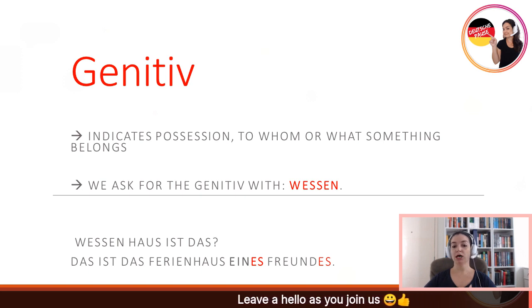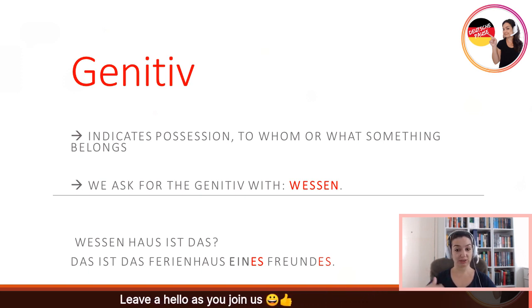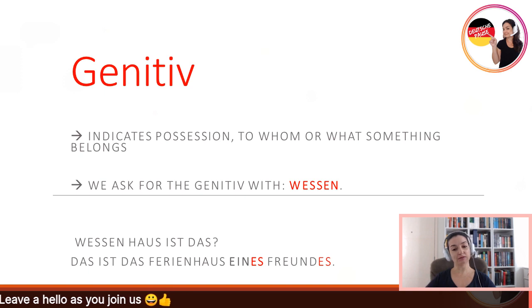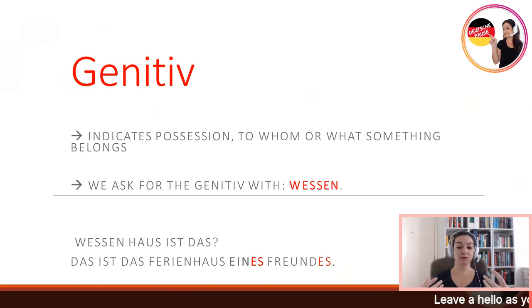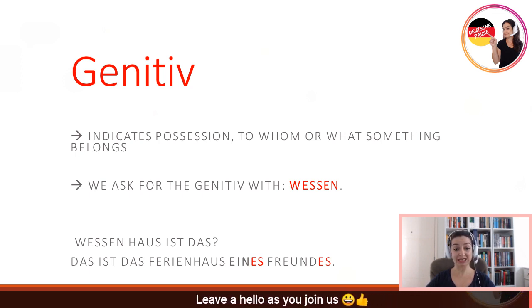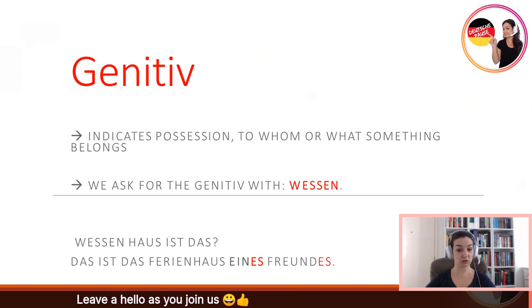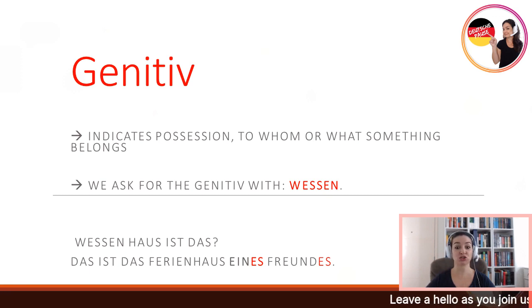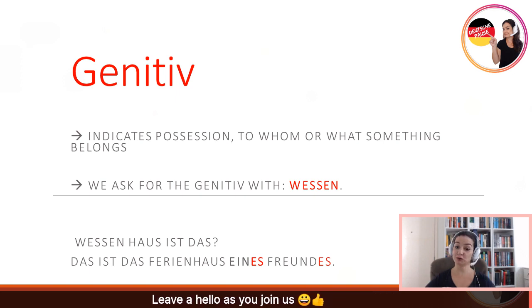Number two, we still have prepositions that require it, and the use of the possessive, I mean, sentences where we want to indicate that something belongs to someone or to something. Those are the only two cases where we use genitive in German. So there's no verb that requires genitive, not that I know at least. I've learned a long time ago to never say never, but I don't know of any.